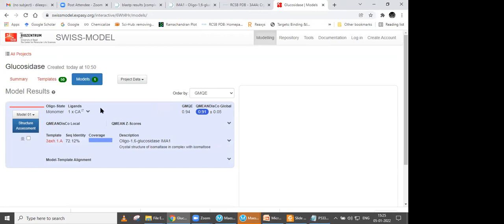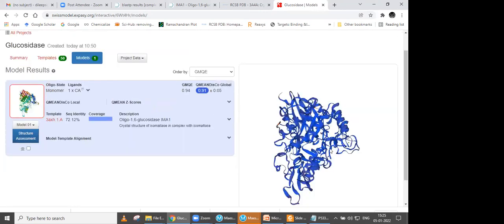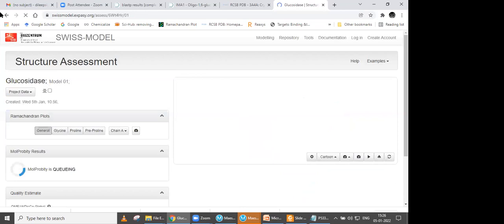Here you can see the generated model. This model we have generated through the online web portal, and before that we learned about the Prime module of Schrodinger. Then we can download this one by clicking structure assessment. By clicking structure assessment, we can download the PDB format of that. Otherwise, you just click model one and download it.